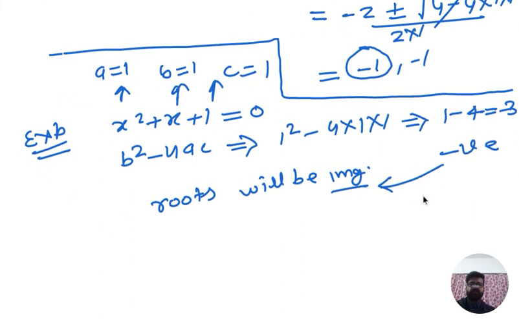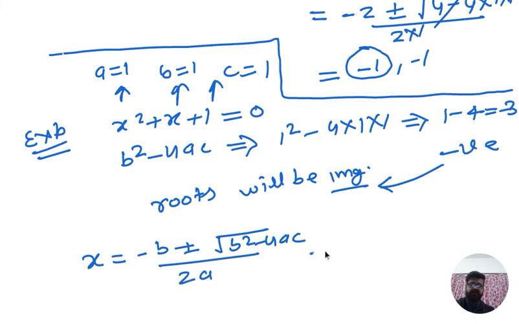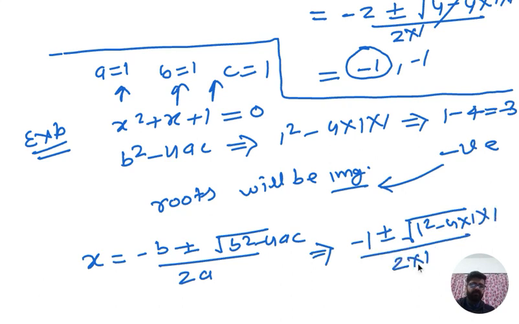Now we will find the roots, and the formula for finding the roots is minus b plus minus under root b square minus 4ac divided by 2a. Now we will put the values: minus 1 plus minus under root 1 square minus 4 into 1 into 1, and divided by 2 into 1.